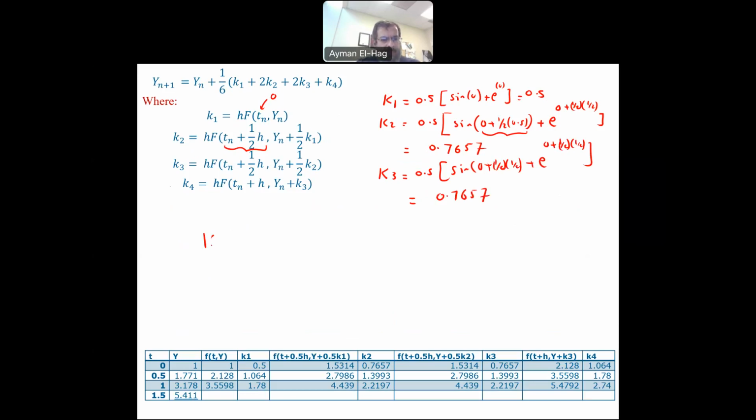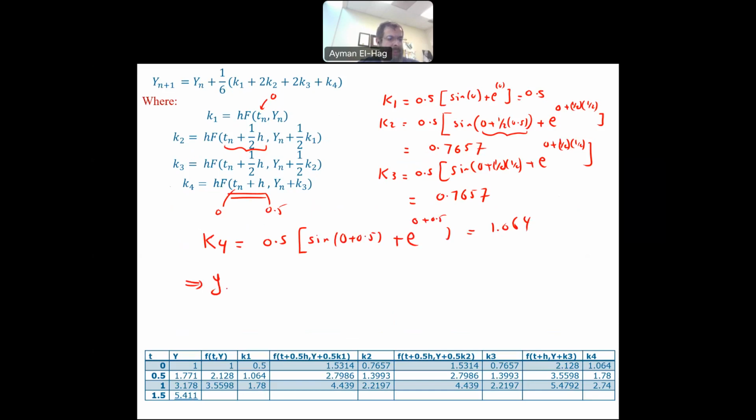And finally, we'll want to find K4, which is equal to 0.5 times the function at t plus h. Now t here is 0, h is 0.5. So this will be basically equal to sine of 0 plus 0.5 plus e to the power of 0 plus 0.5, and this will give me 1.064.